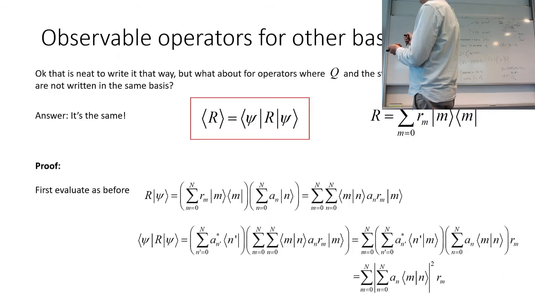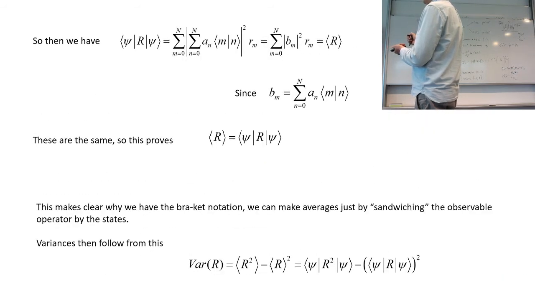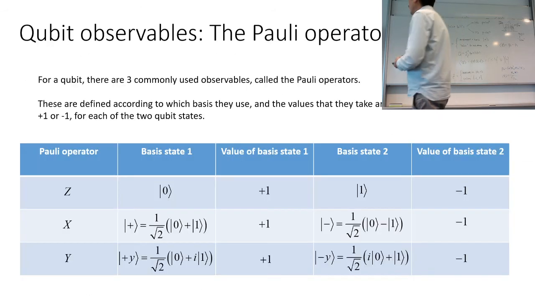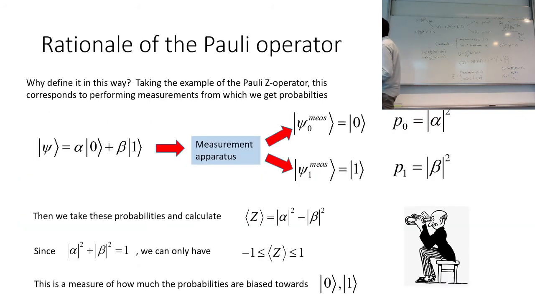It's because for each of these Z, X and Y, one of the outcomes is assigned plus and one is assigned minus, so the value is plus or minus. All you have to do each time is work out the probabilities, and then the value of this one is plus and the value of this one is minus. So it's just probability 0 minus probability 1.